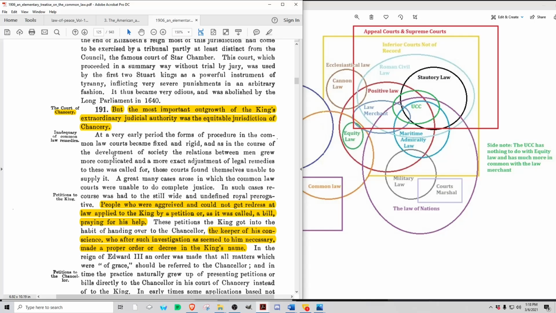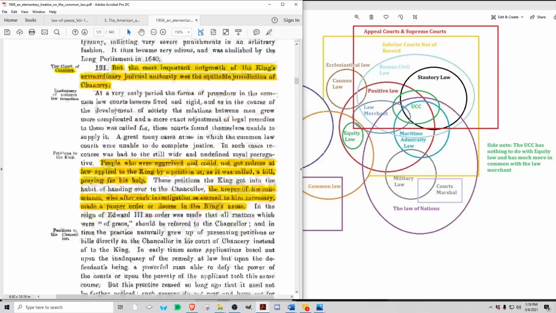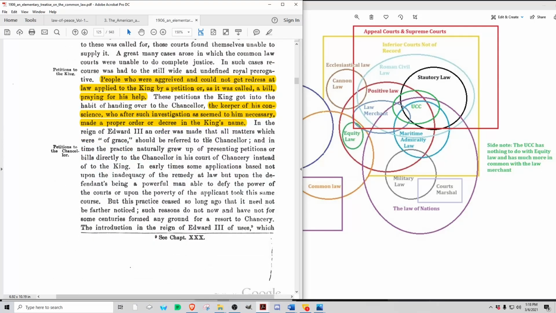People who were aggrieved and could not get redress at law applied to the king by a petition, or, as it was called, a bill. So you get a bill in equity, like I said, praying for his help. These petitions the king got into the habit of handing over to the chancellor. So they pray to you as if you were a god, and then you hand it over to somebody else, an attorney.